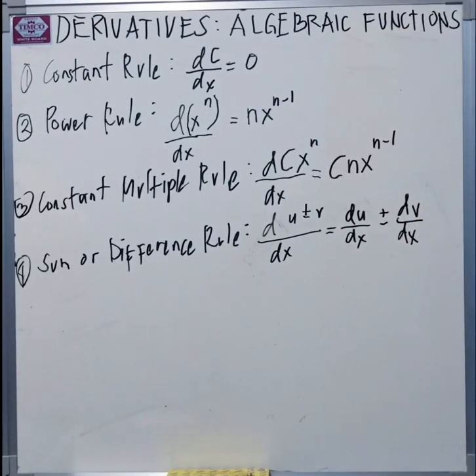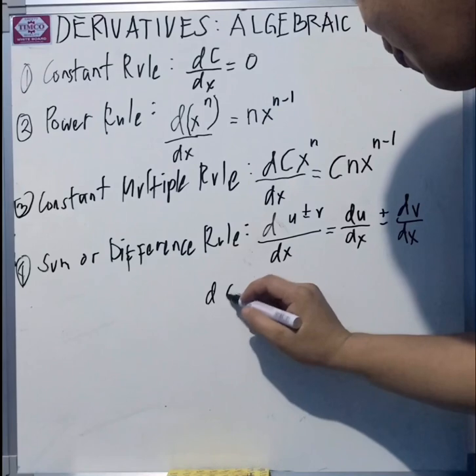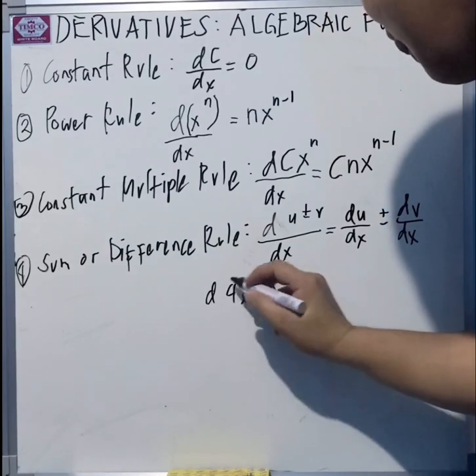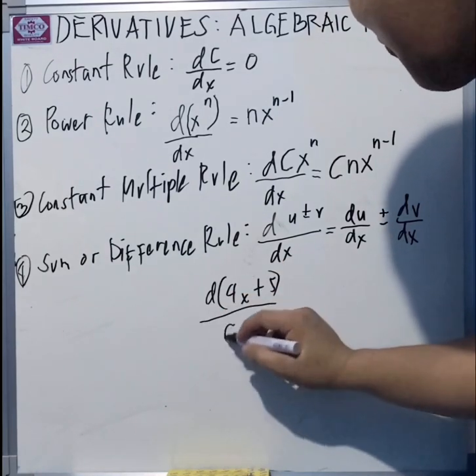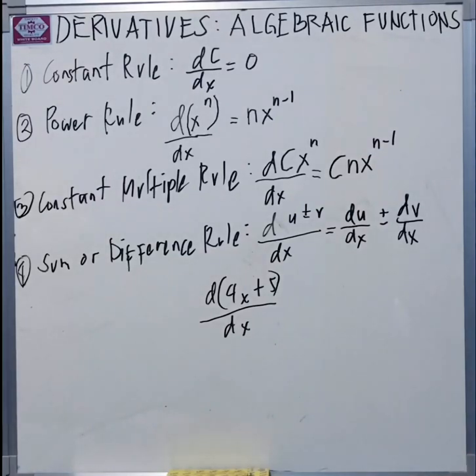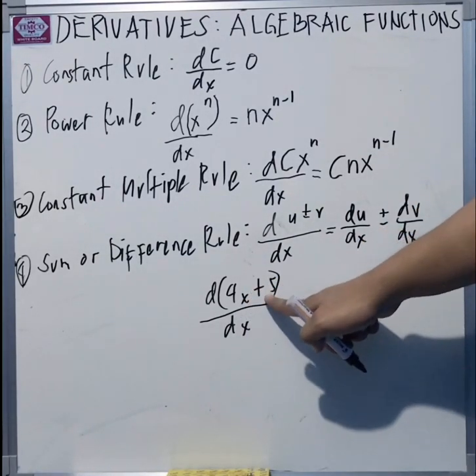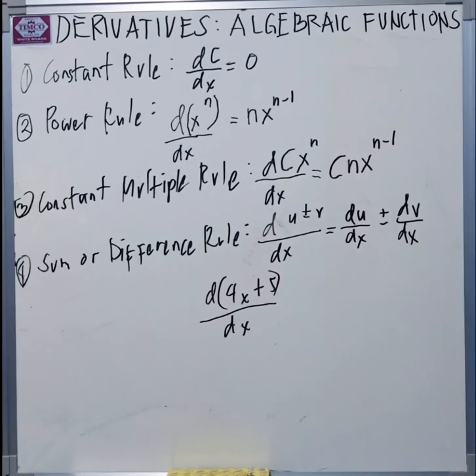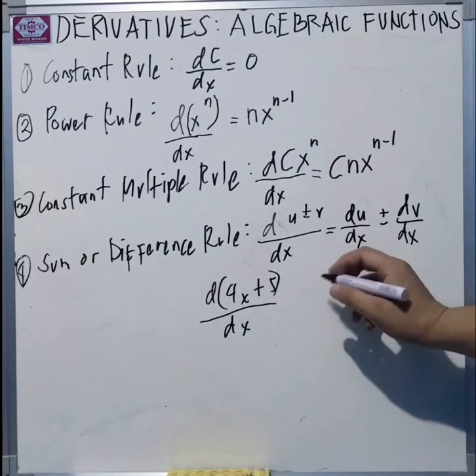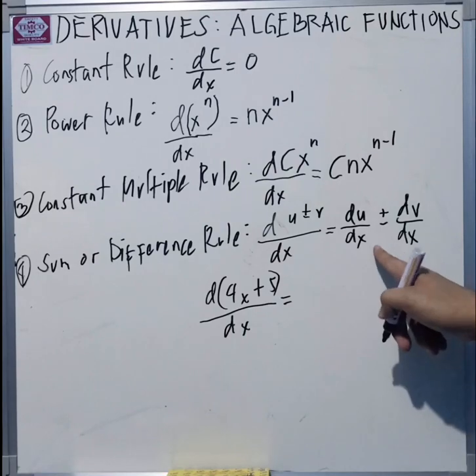If we have to find the derivative of 4x plus 5 with respect to dx, we have a function u plus a function v, so we have to make it like this.